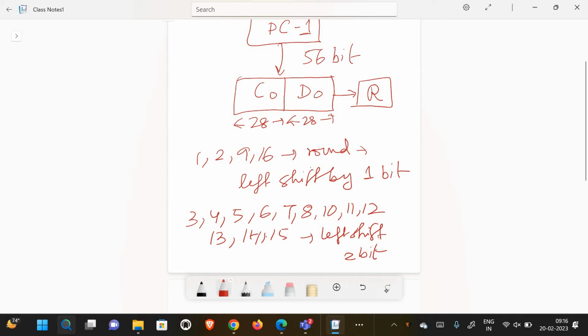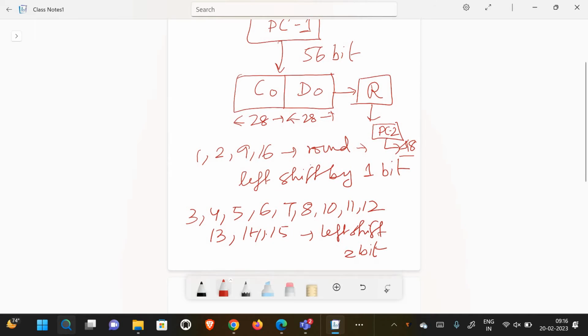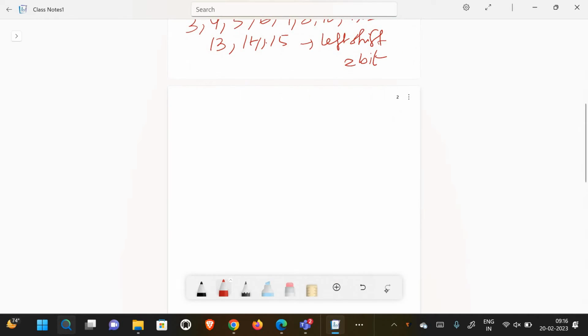Let me give you an example, then I'll come back, because after this there will be another block called PC2, and finally we will receive the 48 bits over here. But before going to PC2 or the 48 bits, let's see about that value and how this randomizing is working.